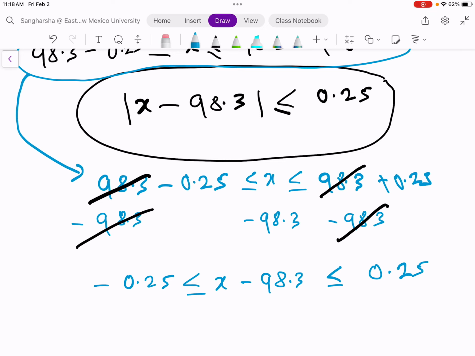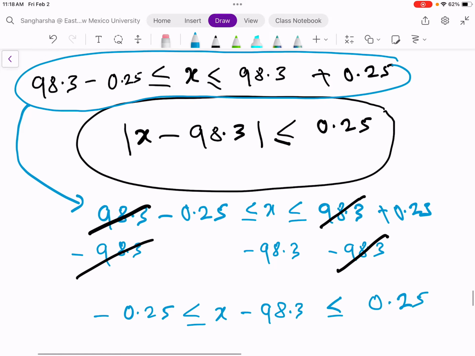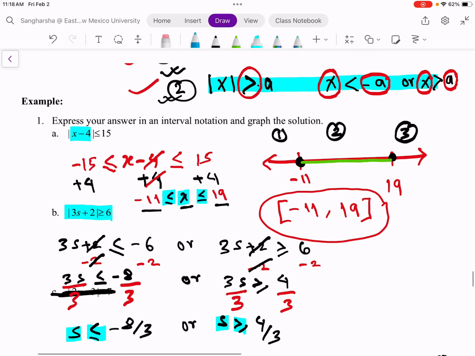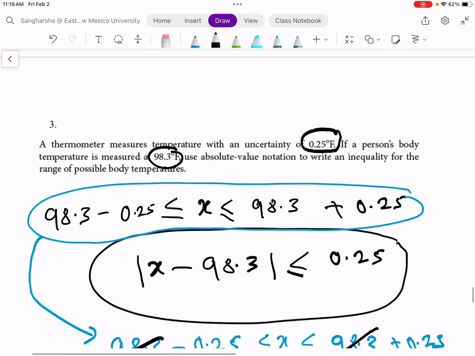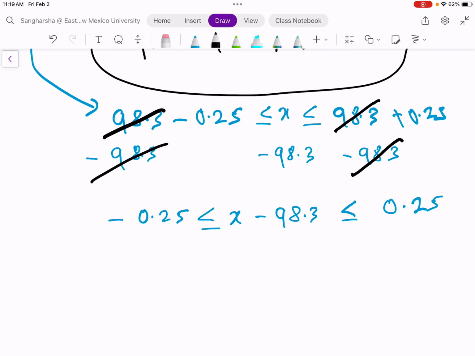Now using our very first definition, let me go back to the definition here. So this is the definition: if our x is greater than negative a and less than a, this is equivalent to absolute value of x is less than a, and we use this concept here for our final answer. So this is our x, this is our a, and this is our a.